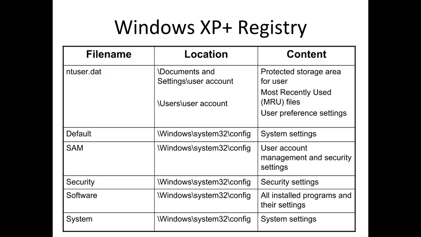Now, I'd recommend you have a look at all of those to see what information is different in each of those hives from each of those files. So how this information is going to be used by applications and stored in the registry.